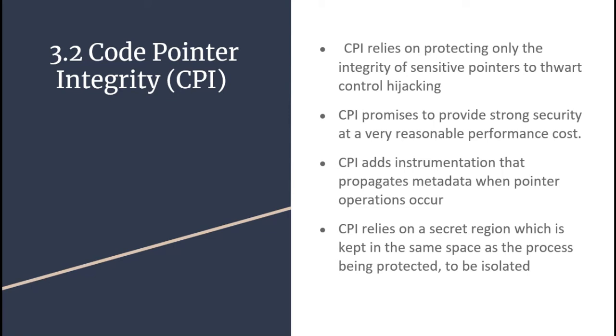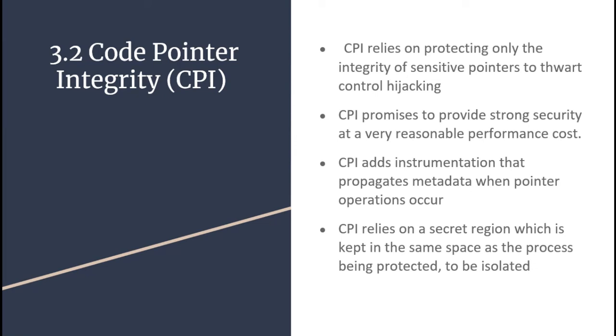CPI first identifies all sensitive pointers via static analysis of the code. Then it stores metadata for checking the validity of code pointers in a designated safe region of memory. The metadata include the value of the pointer and its lower and upper bounds.